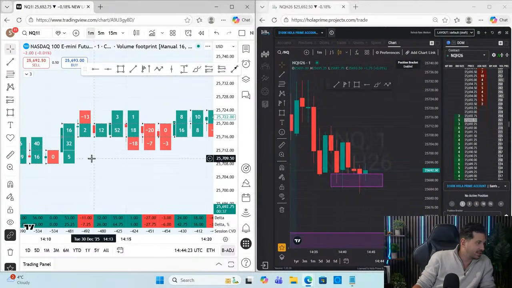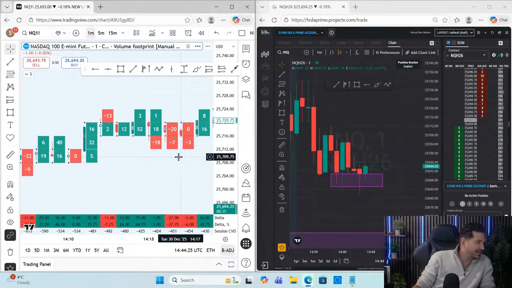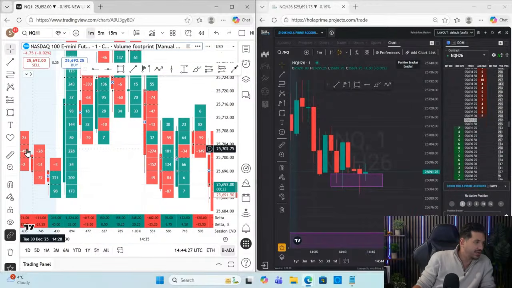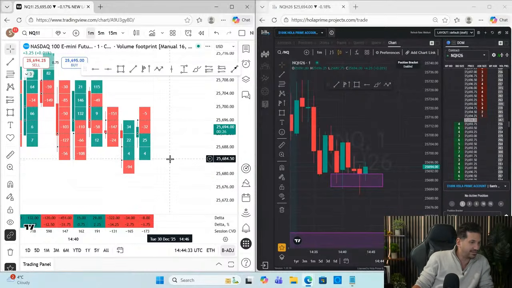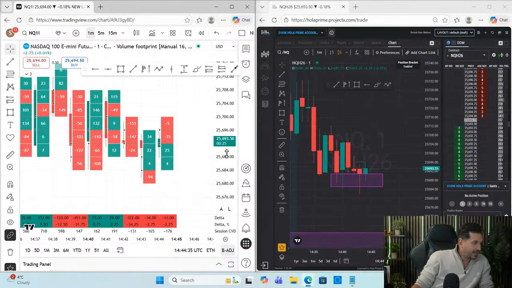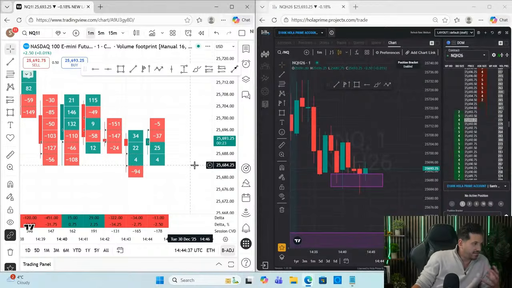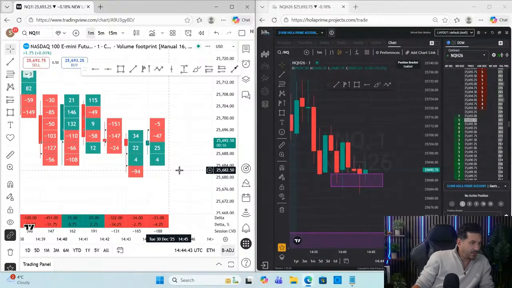It's just low numbers. It's very hard to trade a low volume market because nothing really stands out. Do you know what I mean? You're looking for size. You're looking for big numbers, and if they don't occur, it's very hard to trade on low volume.